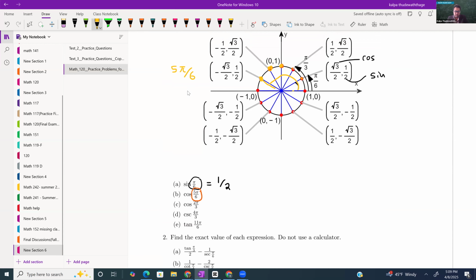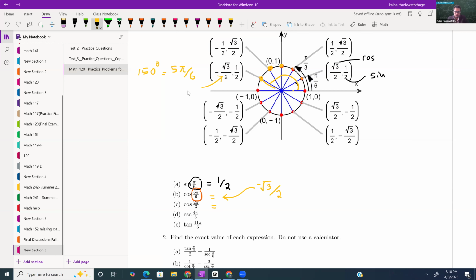If you want to know exactly in degrees, it's 150 degrees. And cosine is your first coordinate. So it will be, let me write it here, root 3 over 2, but it's negative. In the second quadrant, cosine is negative. Any angle in the second quadrant, cosine value is negative.